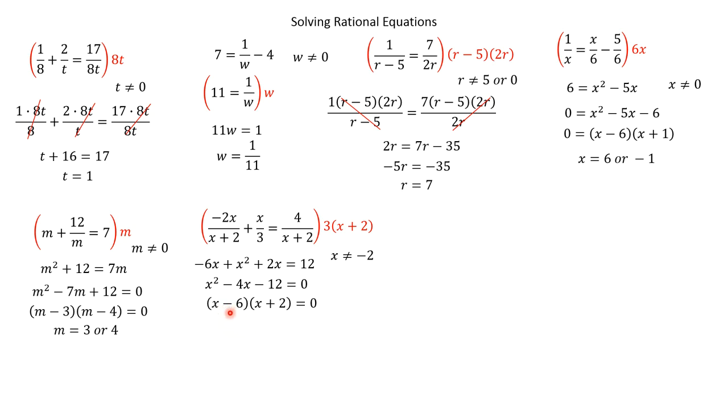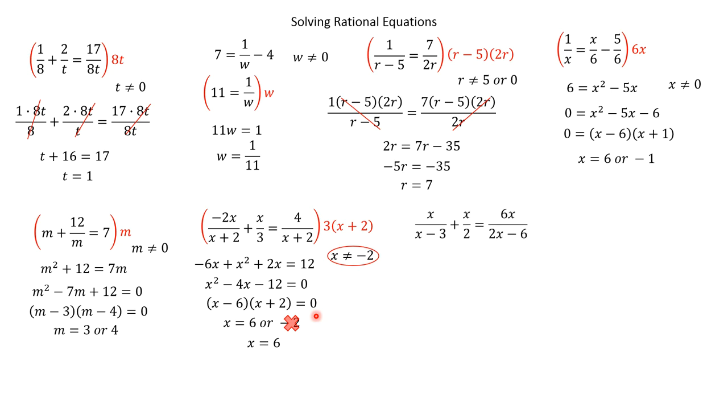So x could equal 6, or x equals negative 2. Can x equal 6? Yeah. Can x equal negative 2? No, x can't equal negative 2, so that one doesn't work. So it's just x equals 6. There's only one answer. That's okay.